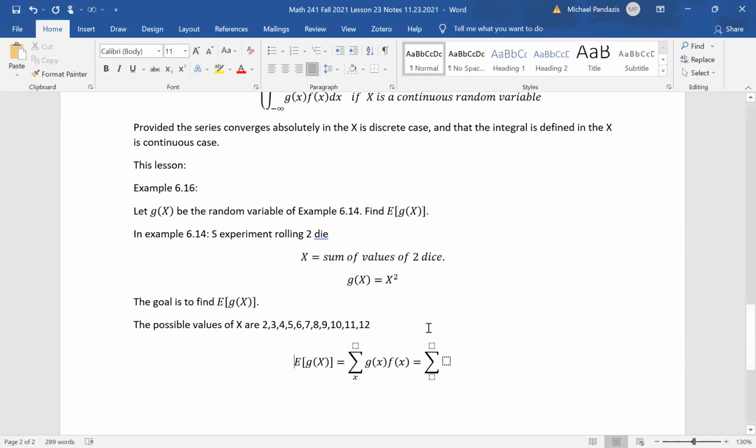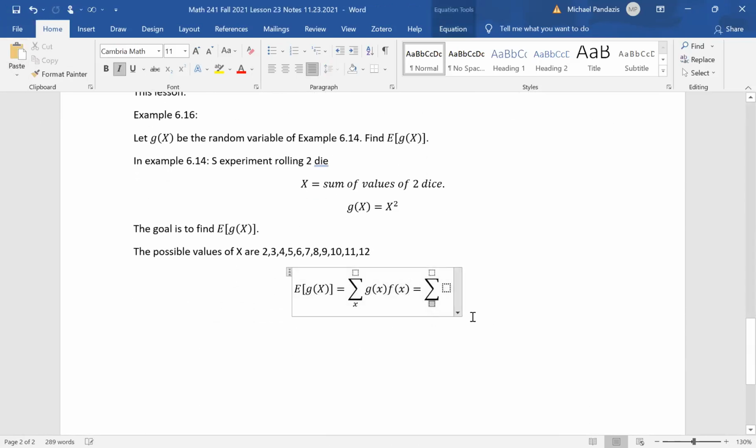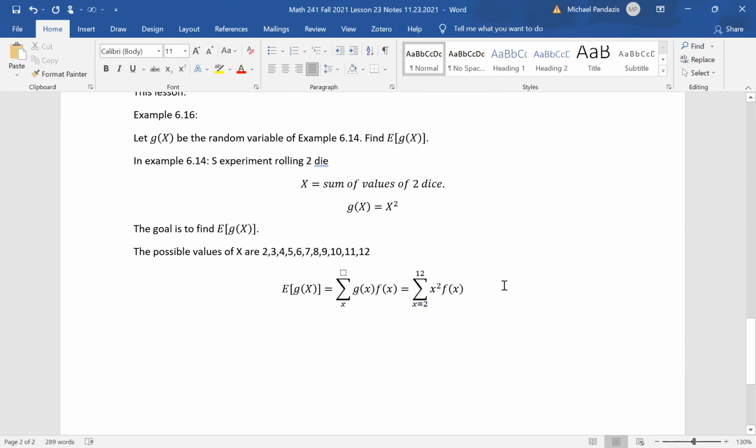So all the numbers in between also happen. So the possible values of the sum x are 2, 3, 4, 5, 6, 7, 8, 9, 10, 11, and 12. So it's the sum from x equals 2 to 12 of x squared, which is g of x, times f of x. Okay, so I just substitute g of x for what it is, which is x squared, and I'm considering the sum from x equals 2 to 12 because they're all the possible values of x.